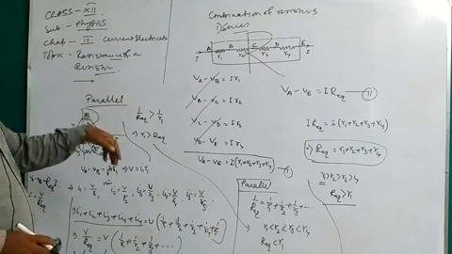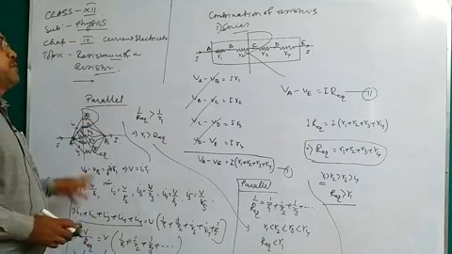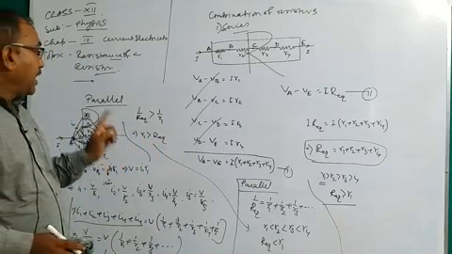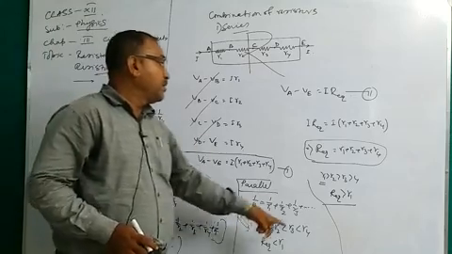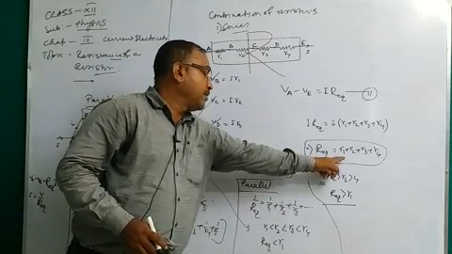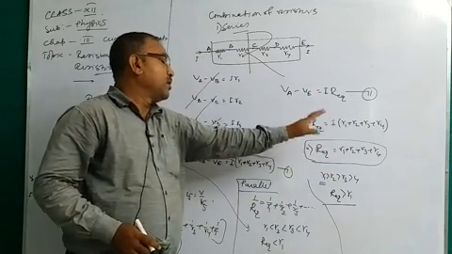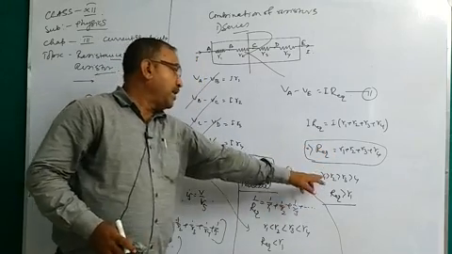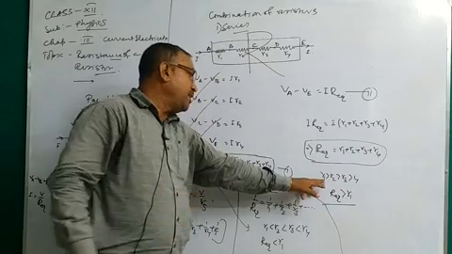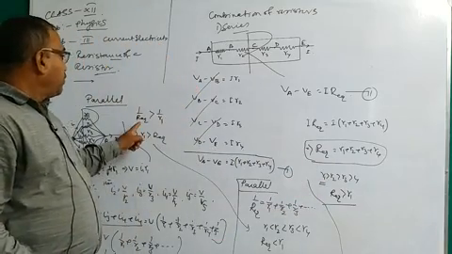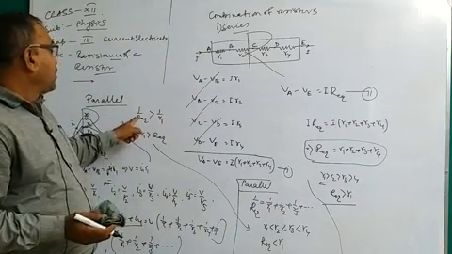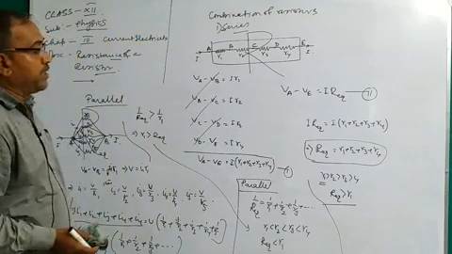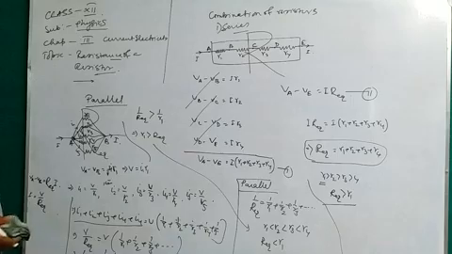So the series combination and the parallel combination, you must try to derive them. And this is the one question: if R is the sum of those resistors, R is more than the highest value of the resistors. And if those are connected in parallel, R equivalent is less than the least value of the resistors.